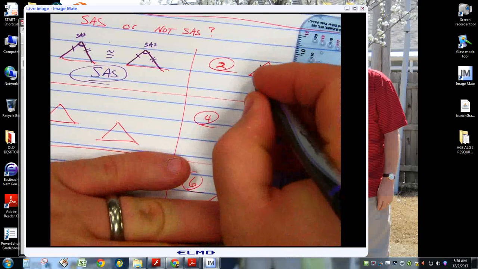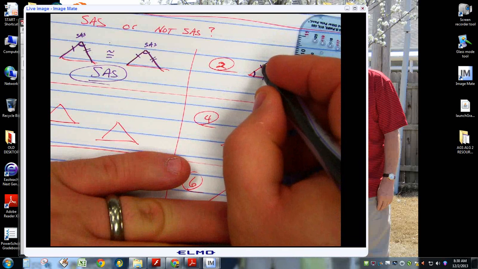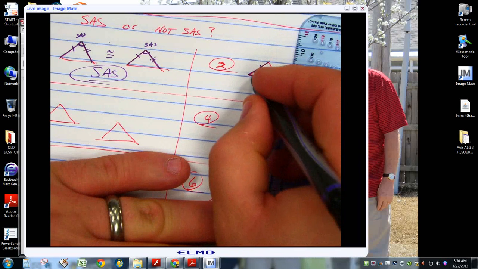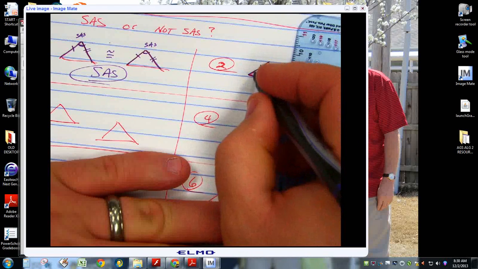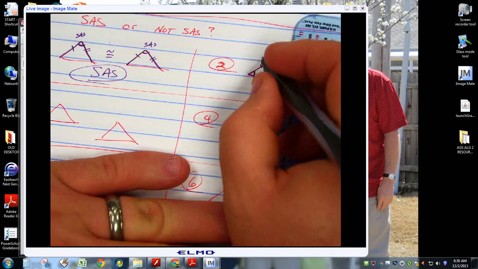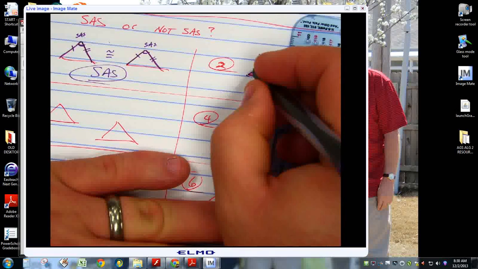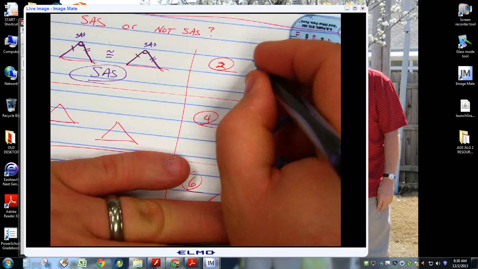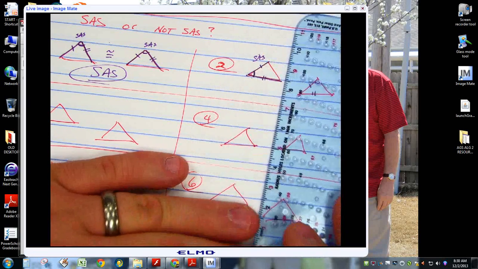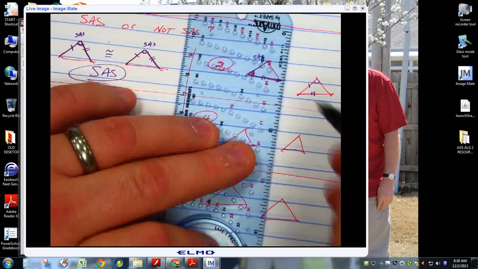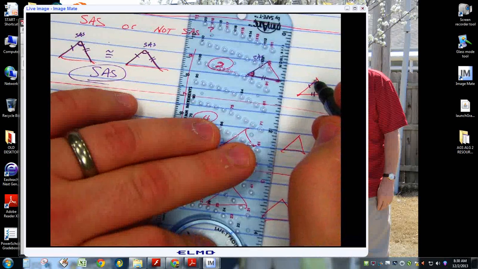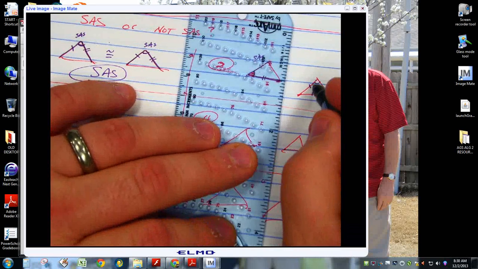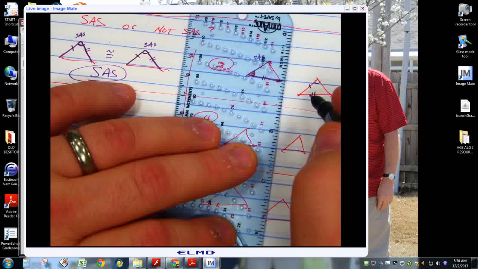How do I know? Do I have side angle side here? I'm going to draw the two sides that are congruent with my pen. Did I draw this third angle? Did I draw the angle congruent? So I have side angle side here. Here, I have the three types of things I need, do I not?